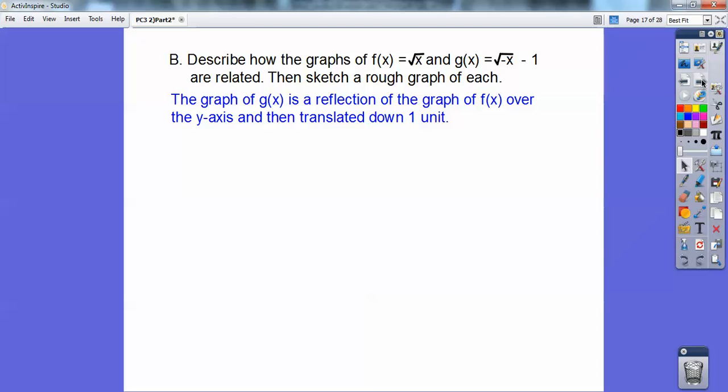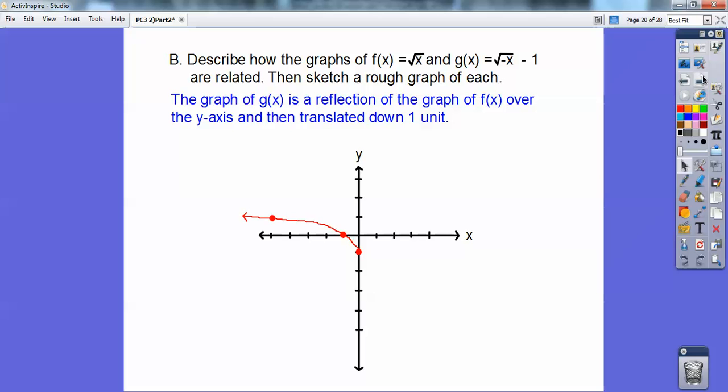So it's a reflection of the graph of f of x over the y-axis and then translated down 1 unit. Can you see it reflected over, translated down? The original would have been starting right here, and it would have gone up like this, a sideways parabola, and this one's just starting here, 1 unit down, and it's going this way right there. And then connect them up.